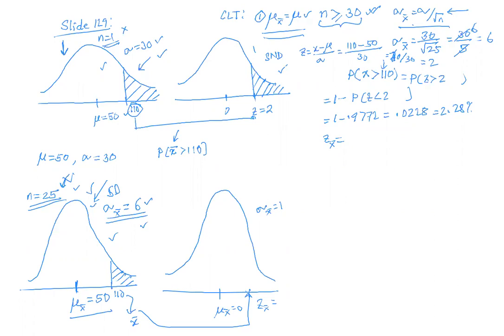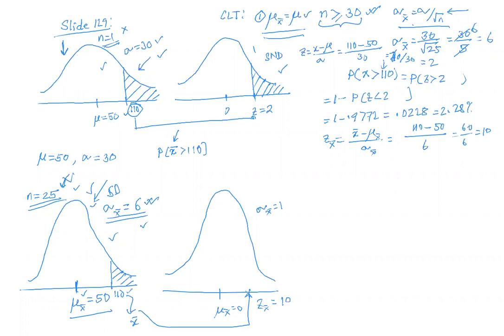The only difference is that we call it z sub X bar as opposed to z. So z sub X bar is going to be X bar minus mu sub X bar, divided by sigma sub X bar. Sigma sub X bar is 6. X bar is the point in question, 110, minus mu sub X bar, the average, which is 50. So 110 minus 50 is 60, over 6, which is 10. So your z sub X bar is equal to 10.